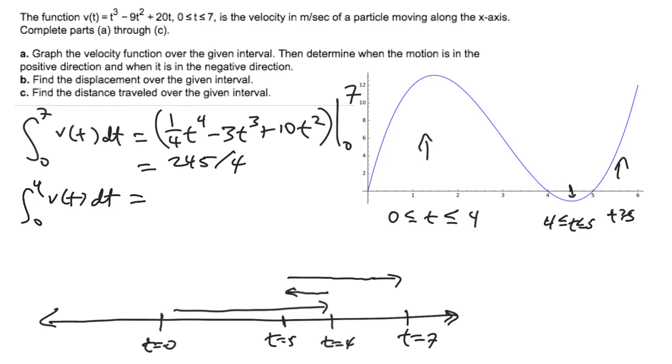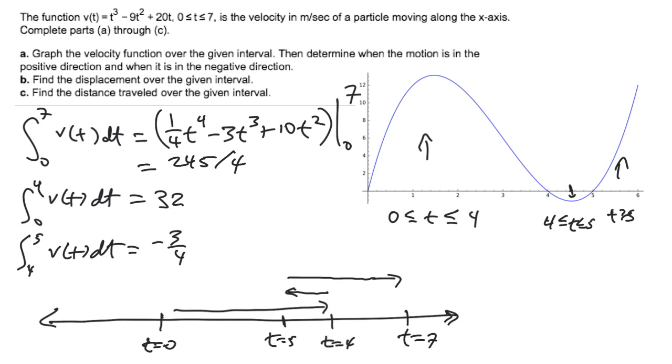It's the same antiderivative, so I won't do it again. When I do that, I get 32 meters. So my journey starts by going 32 meters to the right in 4 seconds. Then I turn around and start coming back. Well, how far do I come back? That's just the integral from 4 to 5. And if I do that, I get minus 3/4 of a meter.